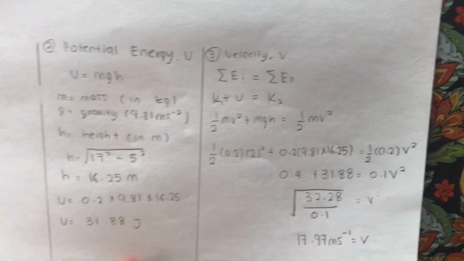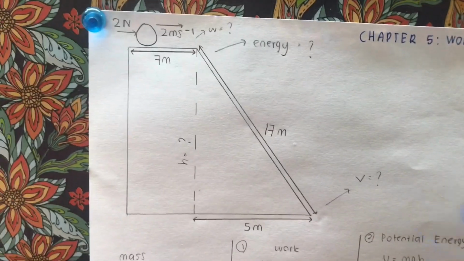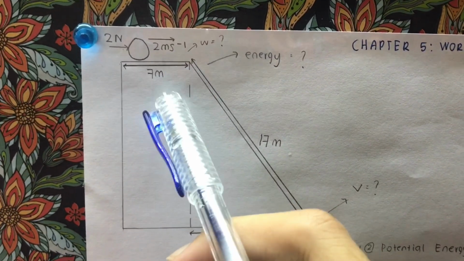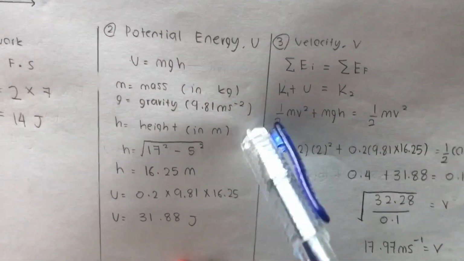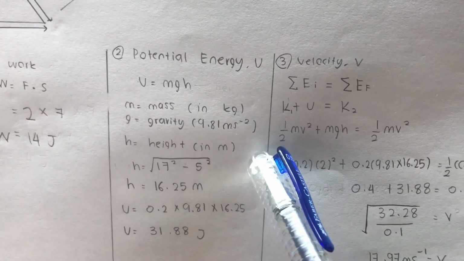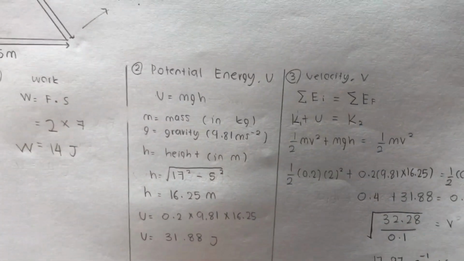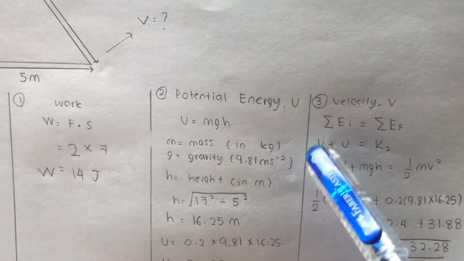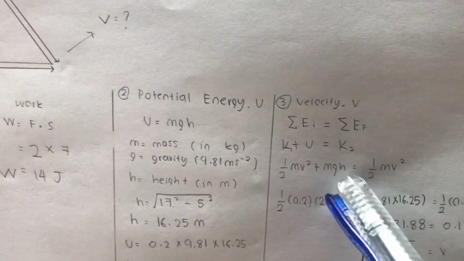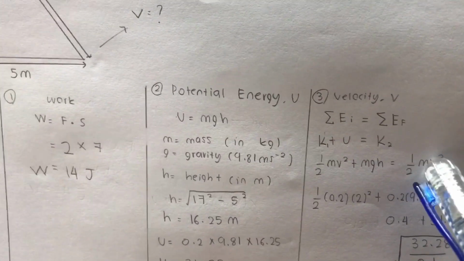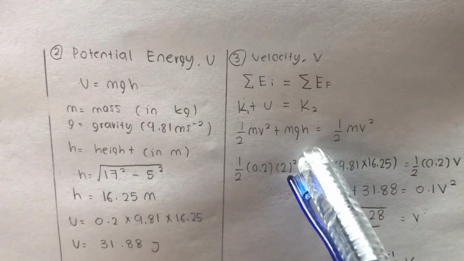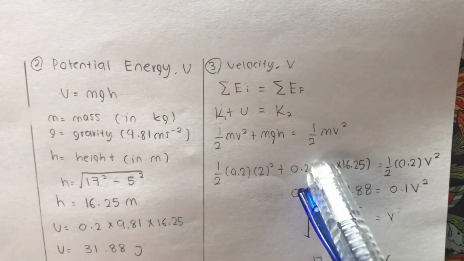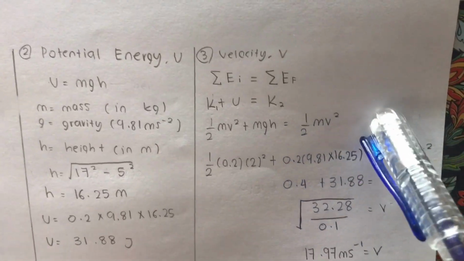Since the ball is moving with the velocity 2 ms-1 at the top, we need to put the kinetic energy into the initial energy. So K1 plus U equal to K2, and the formula is 1/2 mv square plus mgh equal to 1/2 mv to the power of 2.